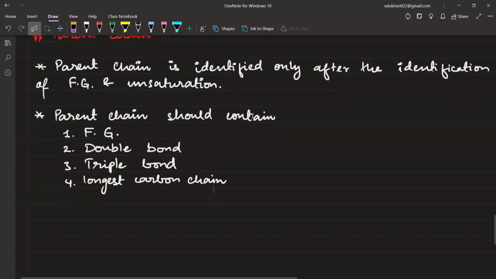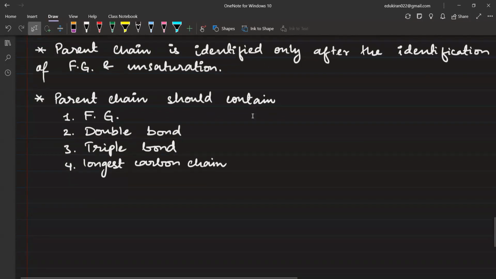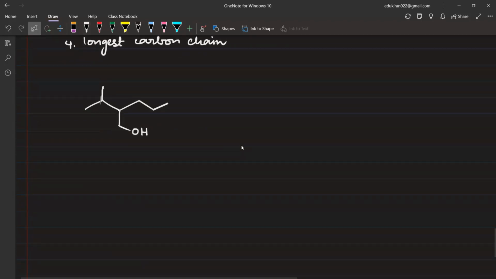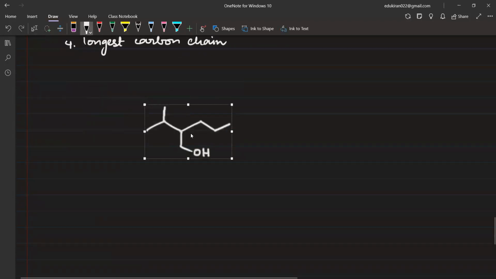Now, for example, I will put up a particular molecule. Just have some patience with me. With this one molecule, God willing, you should understand everything.